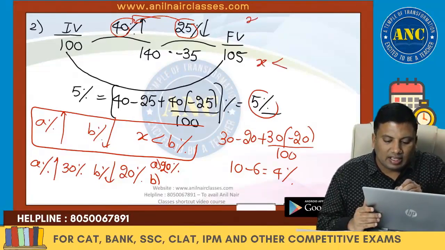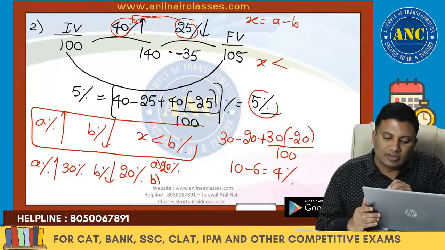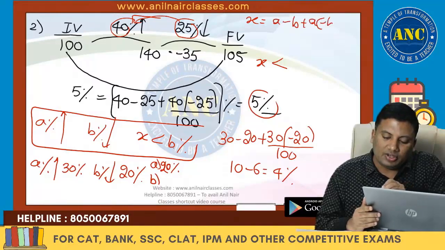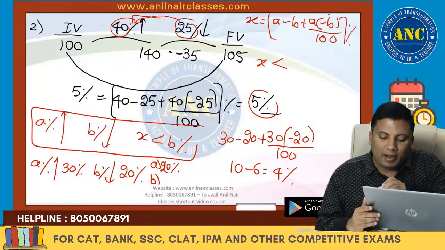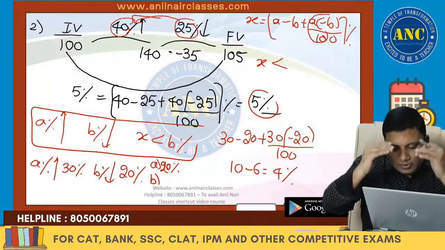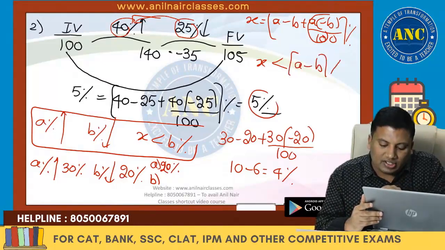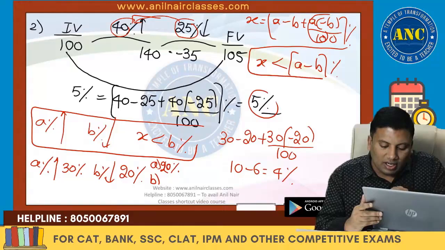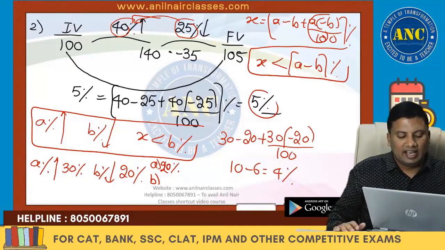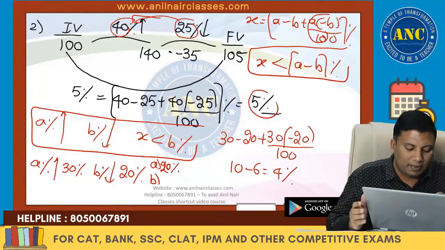It is A minus B plus A into minus B by 100. This is nothing but minus AB. From A minus B I am decreasing. So X is less than A minus B percentage. Not only less than B percentage, X is less than A minus B percentage.